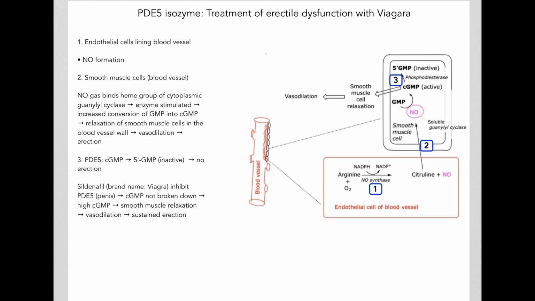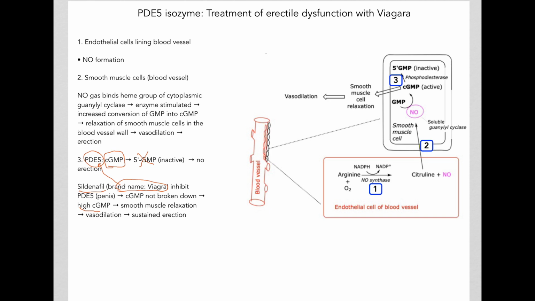So the drug sildenafil, or brand name is Viagra. What this drug does, it basically inhibits this phosphodiesterase 5 isoenzyme. And by inhibiting this isoenzyme, the cGMP is not broken down into 5' GMP.